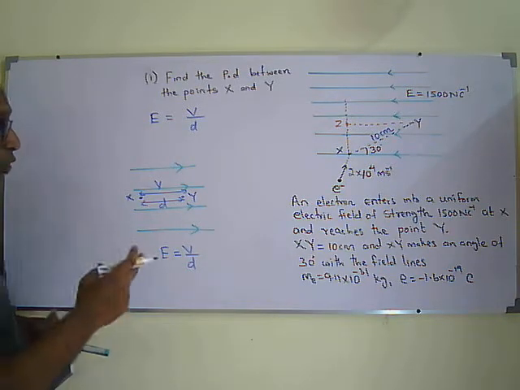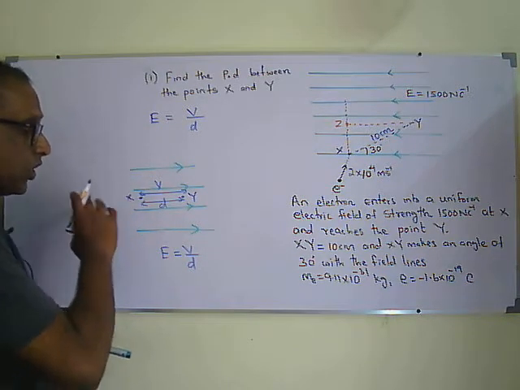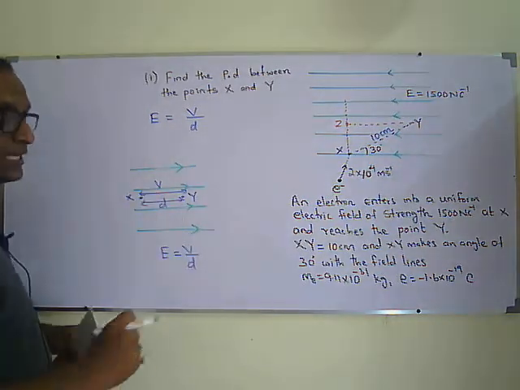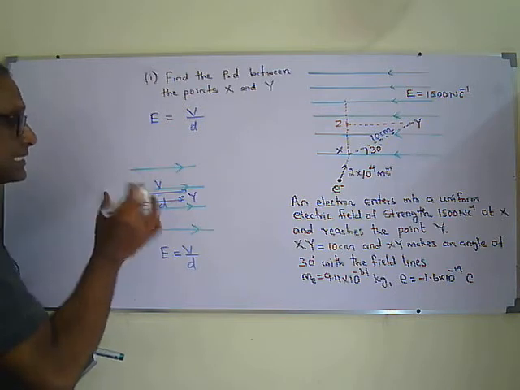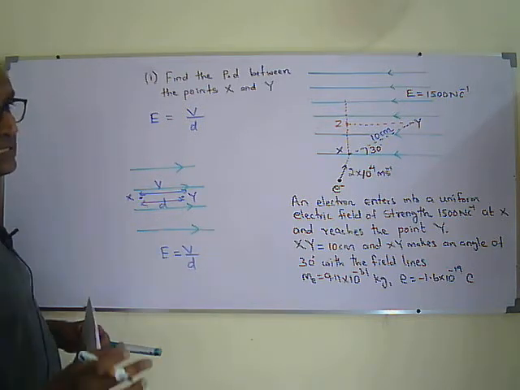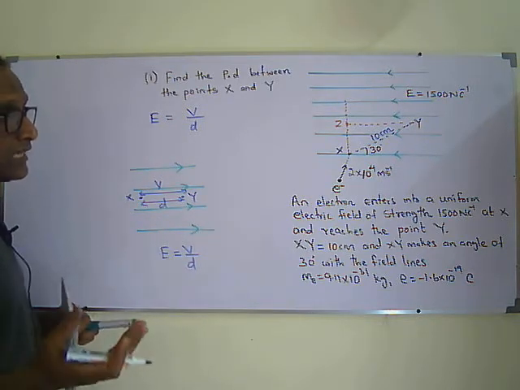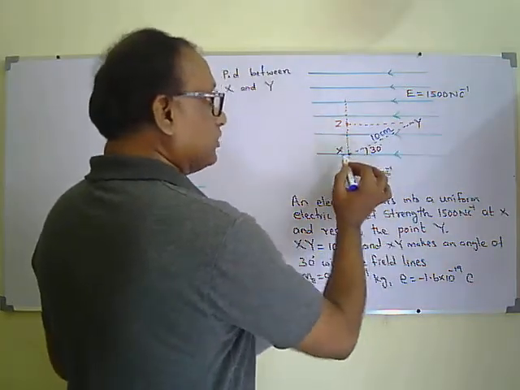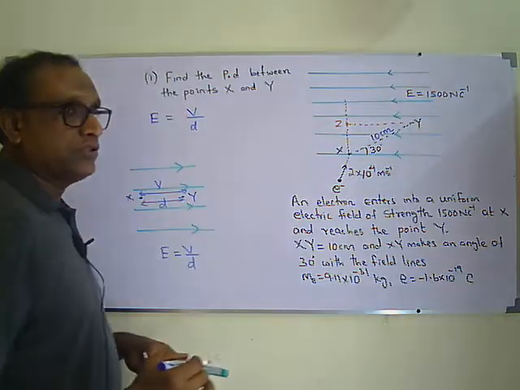So I should know two points parallel to the field lines, the distance between them and the potential difference between them. That's the reason for being parallel to the field line. XY is not parallel to the field line.